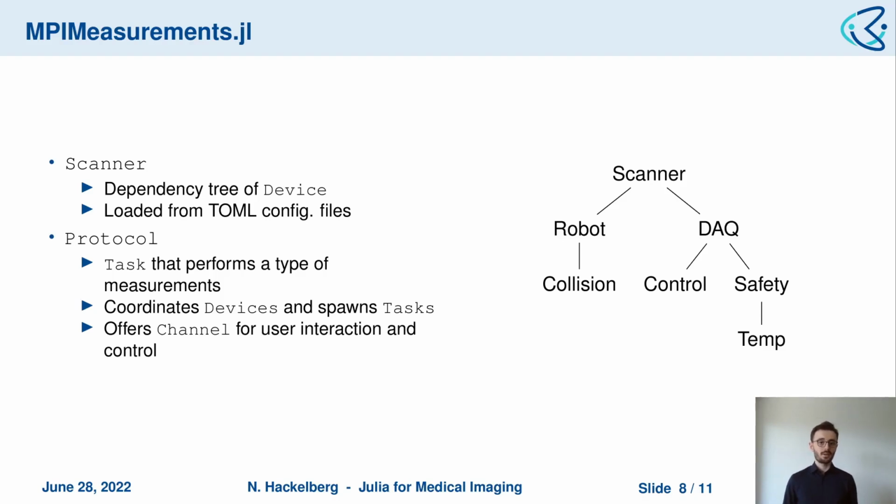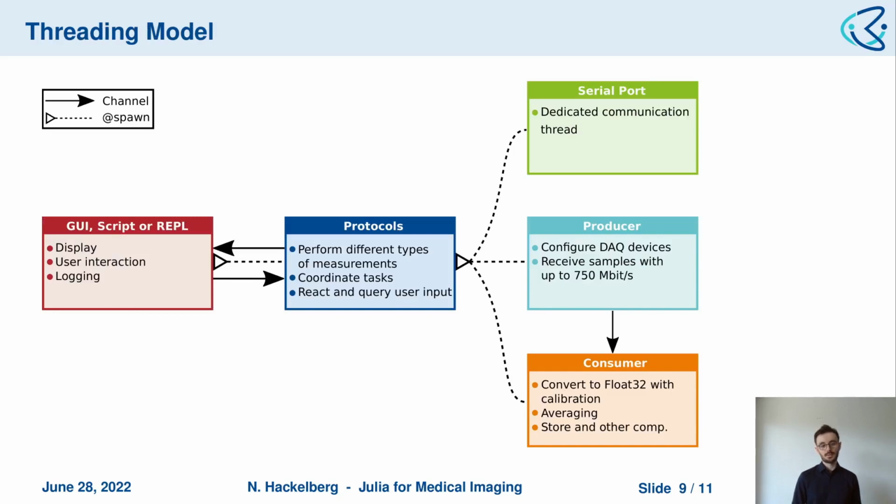And that gives us the following threading model, where we have a GUI that's responsible for display, user interaction, and logging. And this GUI can be exchanged for a script or REPL. And this first component then spawns a protocol which performs some kind of measurement. And in doing so, it needs to spawn further tasks, such as a task dedicated on a thread for serial port communication, which can block and leave everything else unaffected.